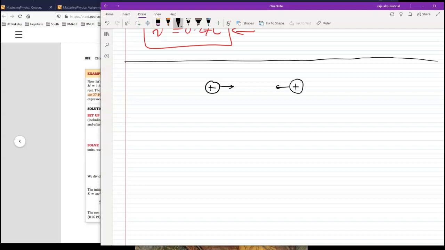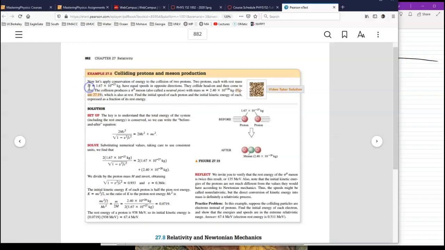This is the m naught. I'm going to call it m naught for the proton rest mass. Then after the collision, you have three particles at rest like that. He actually has this picture. I'm copying it from his picture. It's right here. You see it right there?